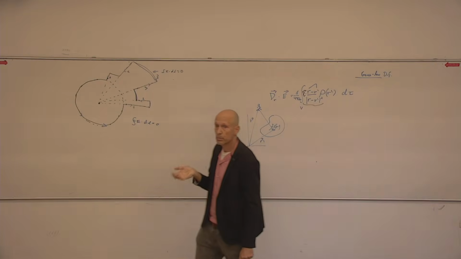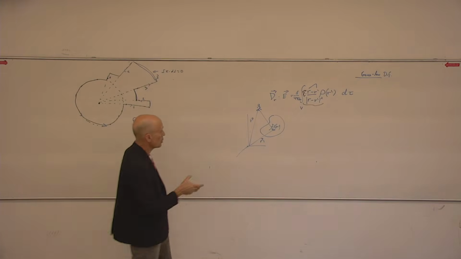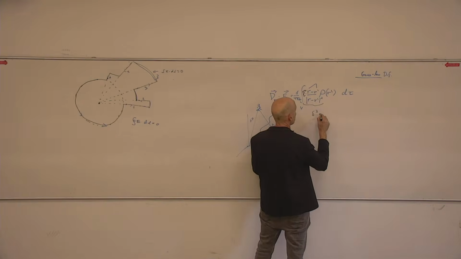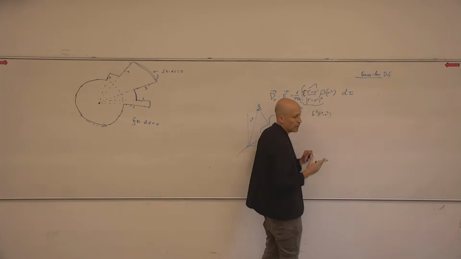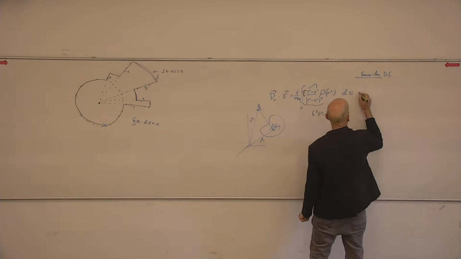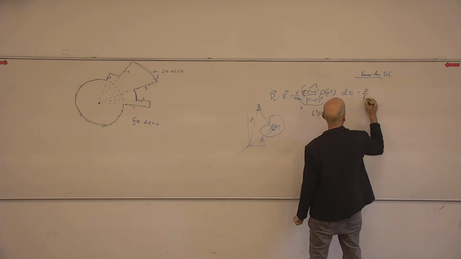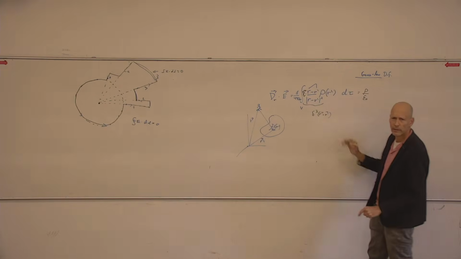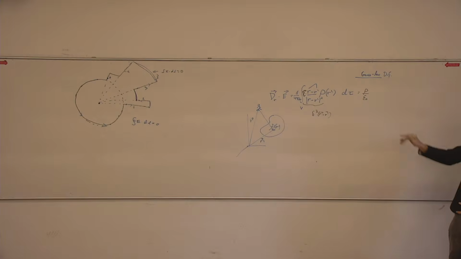So this means that if I prove that this object is a delta function in 3 dimensions, then I'm done. Okay? So this is equal to rho over epsilon 0. It's not exactly a delta function. You'll have 4 pi times a delta function. You need to cancel this.